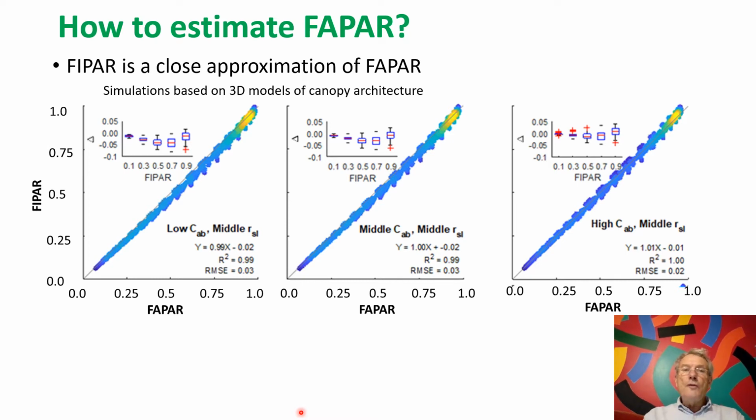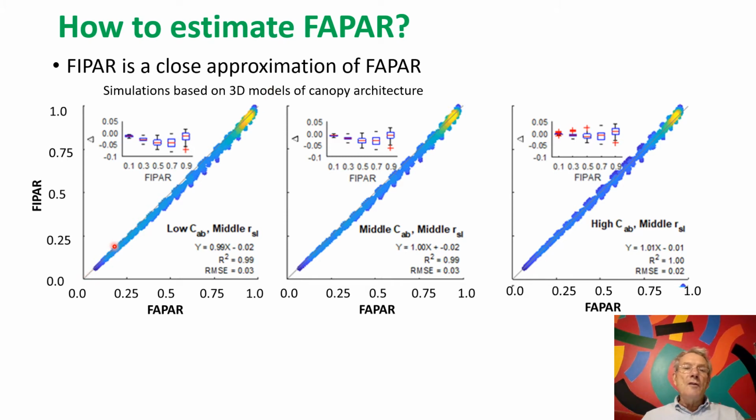So for this reason, we prefer to use another proxy of the fraction of absorbed radiation, which is the fraction of intercepted radiation. You can see here on those simulations that the fraction of intercepted radiation is a very close approximation of the fraction of absorbed radiation, even for low chlorophyll content values, when the leaves are more reflecting and transmitting more light, so probably contributing more to multiple scattering.